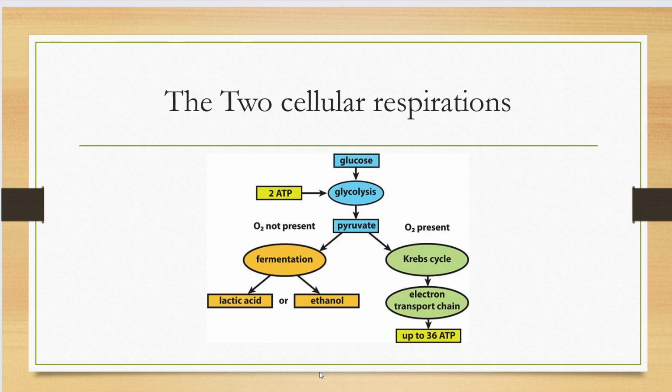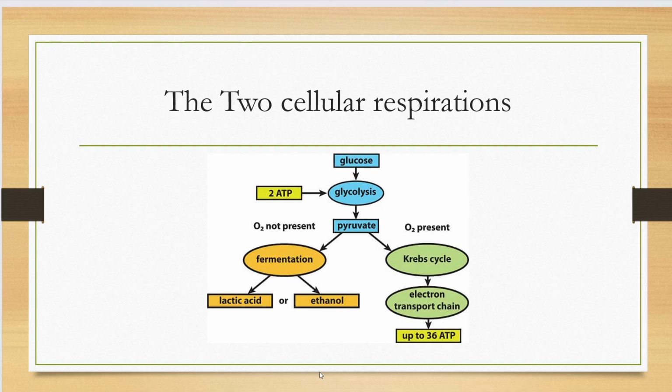On my right side I have the aerobic respiration with oxygen, which mainly occurs in plants, animals, and fungal cells. The majority of it takes place in the mitochondria, and it starts off with glucose, which then goes to glycolysis and the pyruvate.